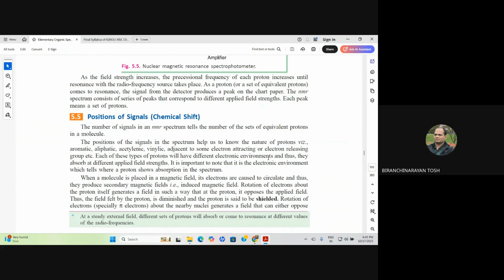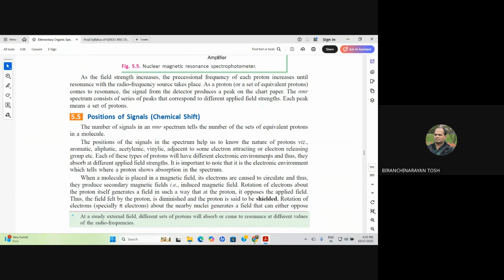We are measuring the resonance energy of the proton with the external magnetic field, and resonance energy means the energy at which it will match the magnetic moment of the proton. The electrons are also charged, so when they spin, the rotation of electrons about the proton also generates a field.